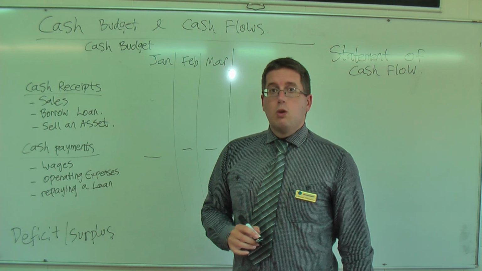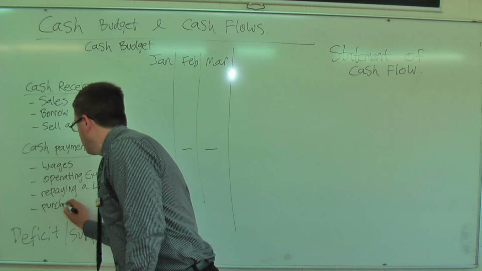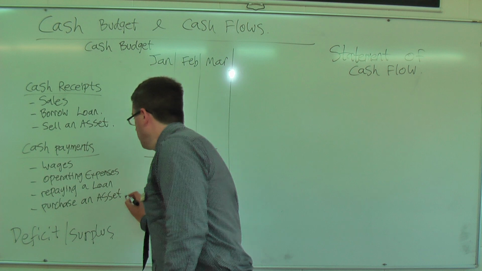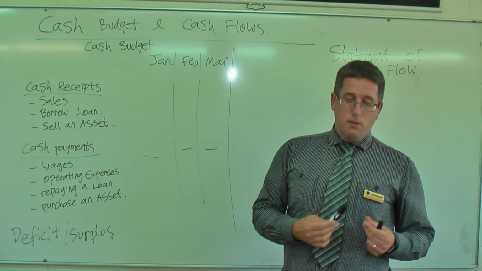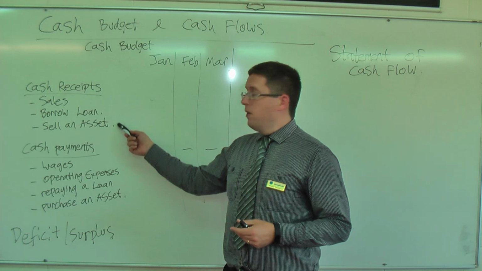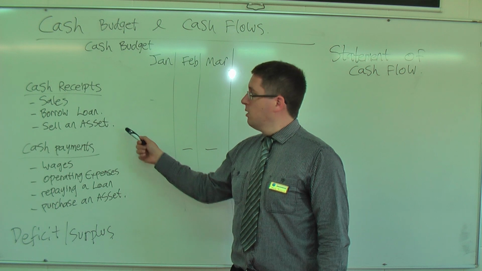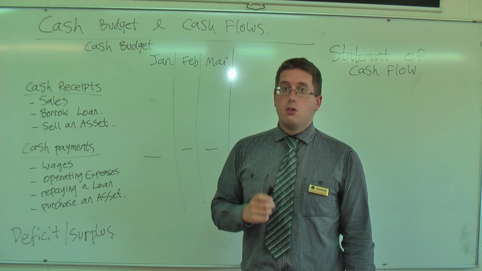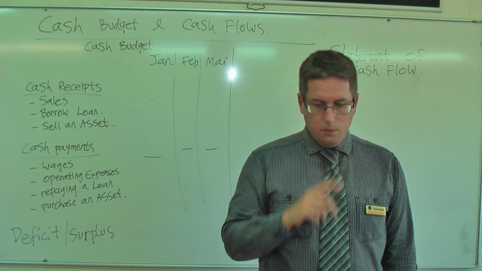Or maybe we want to purchase an asset. All these things require cash. Now, some of these things don't appear on the income statement. They're not revenue, they're not expenses. But they're very important for cash flow and actually budgeting cash flow to make sure we have enough money in the bank to pay for them.